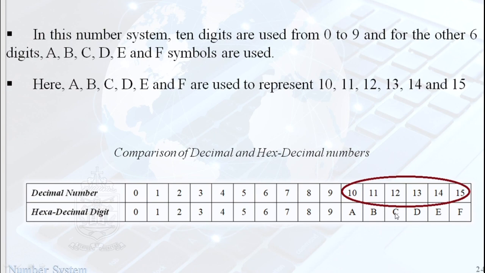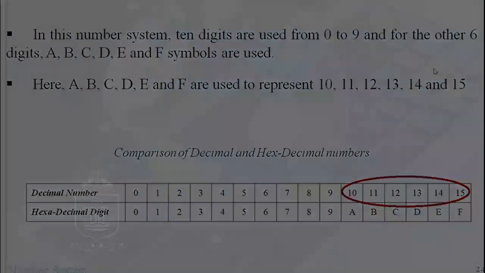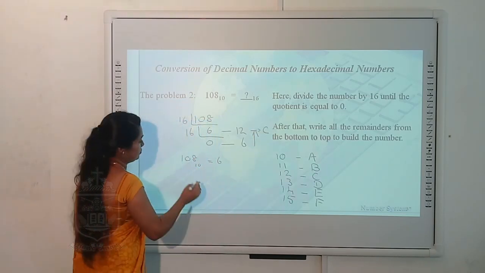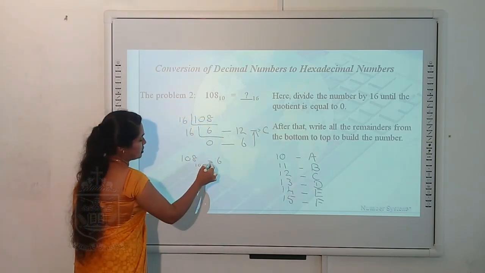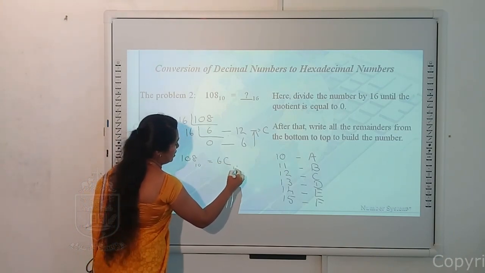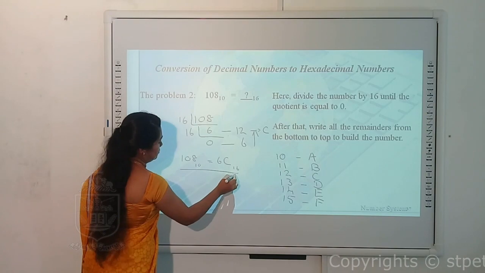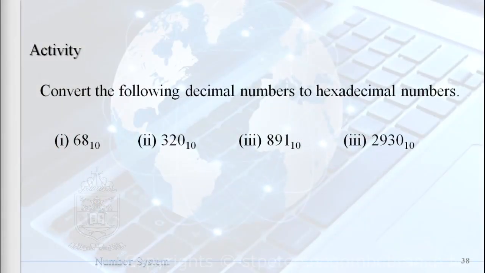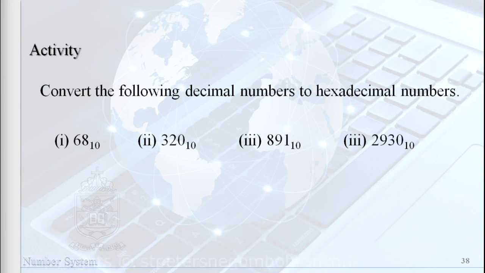Then 12 equals C. 108 base 10 equals 6C base 16. Here, there is another activity based on converting decimal numbers to hexadecimal numbers.